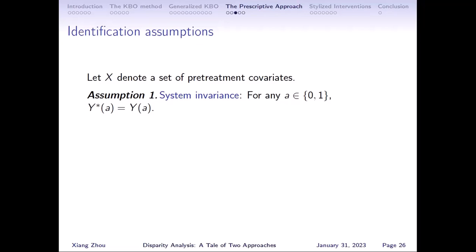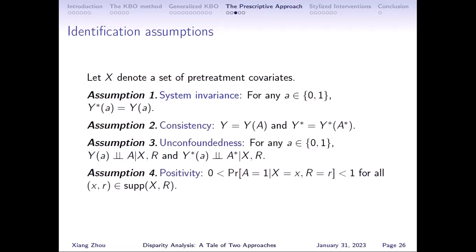For example, if we consider expanding the pool of students who attend selected colleges, then there could be a dilution of resources that each student receives, and that dilution could lead to a decrease in the effect of treatment on the outcome.